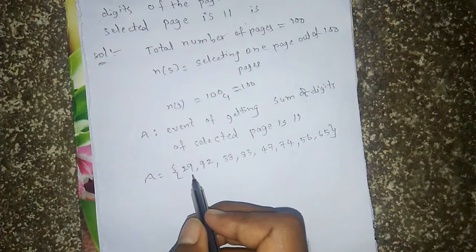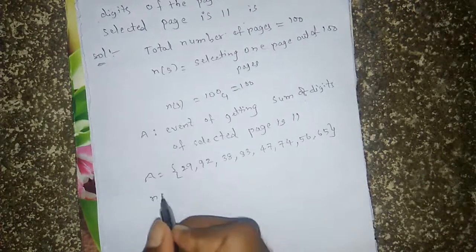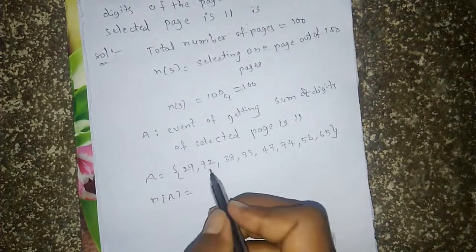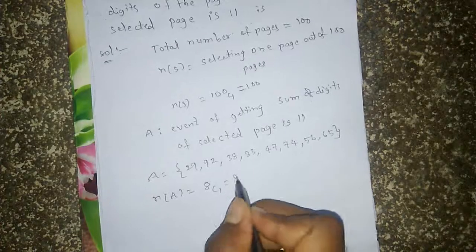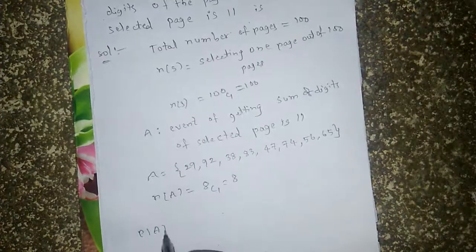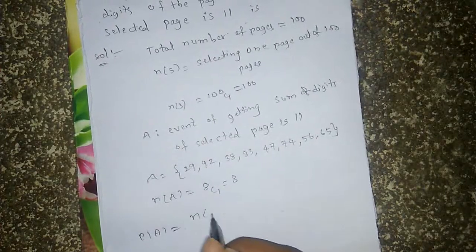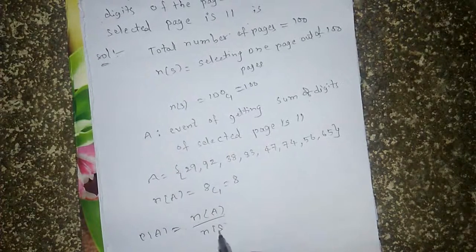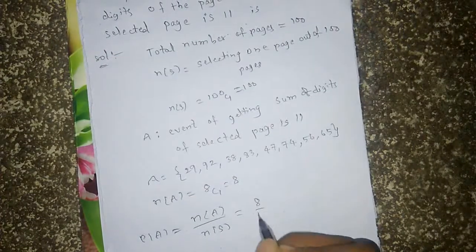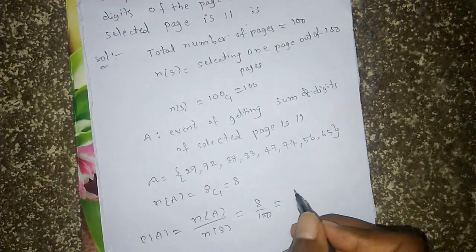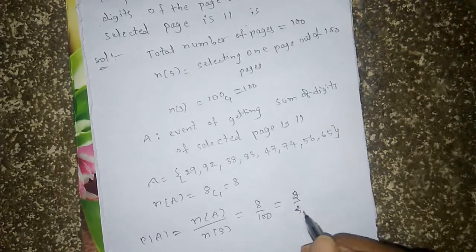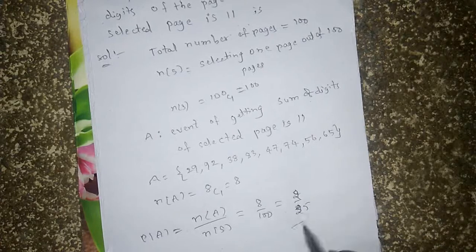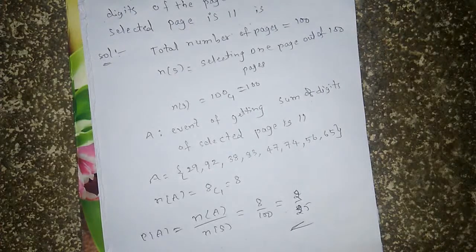So only for these possibilities the sum of the digits is 11. So n of A, selecting one page from these pages, is 8C1, that is equal to 8. Now P of A is equal to n of A by n of S, that is 8 by 100, that is 2 by 25, the required probability.